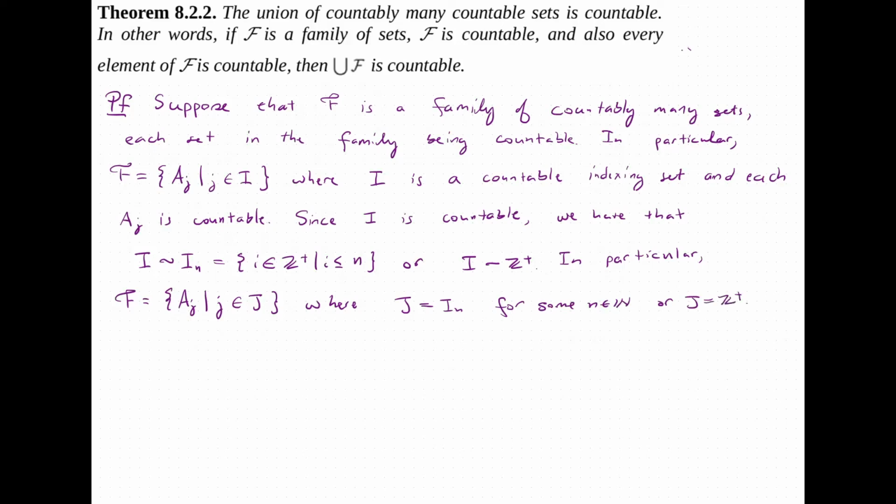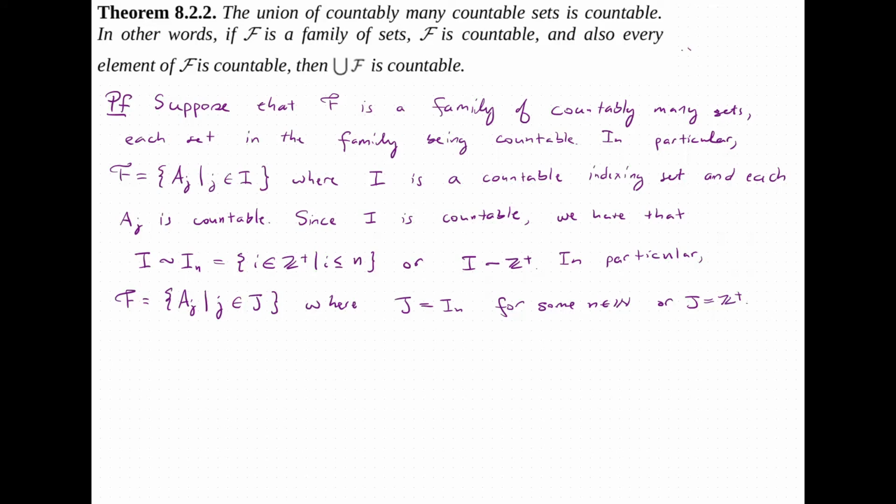So now this has the following benefit. This allows us to talk about the sets in the family of sets as being A sub 1, A sub 2, A sub 3, and so on and so forth. And so let's use that to our advantage.